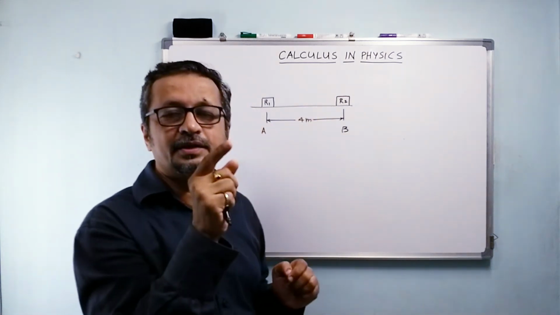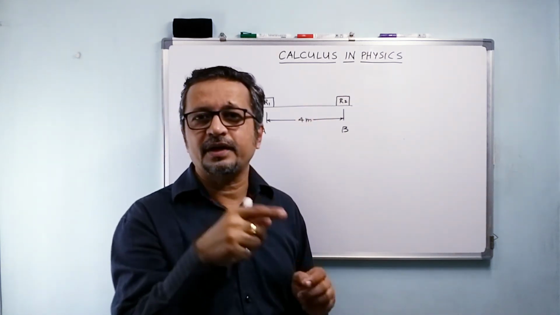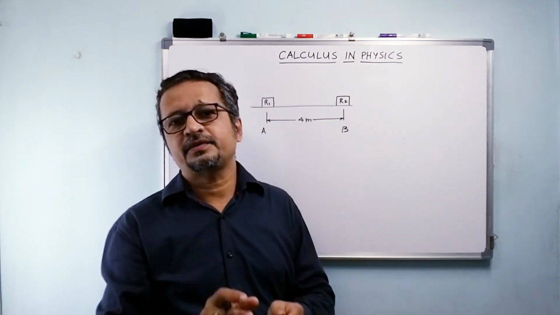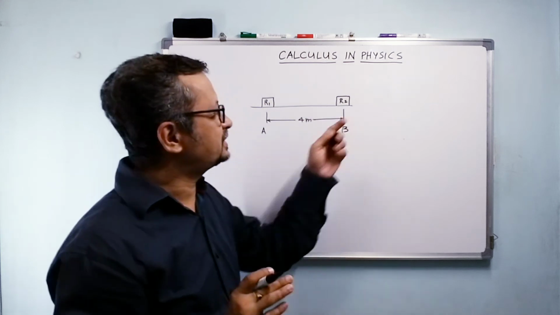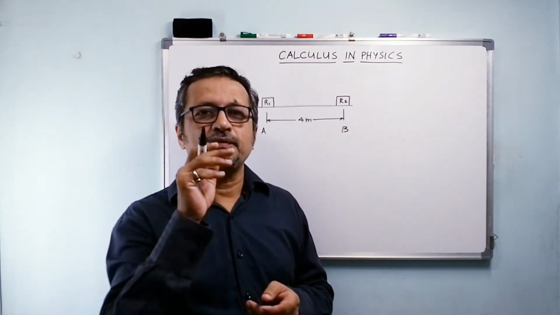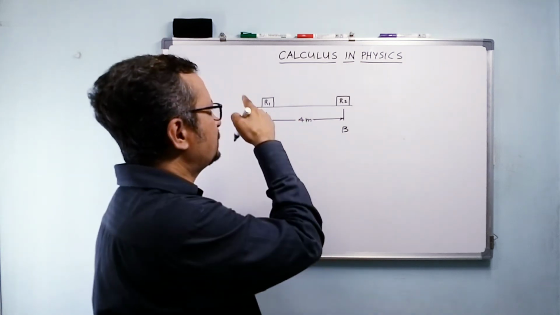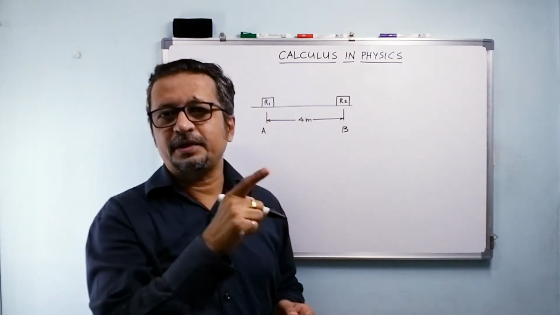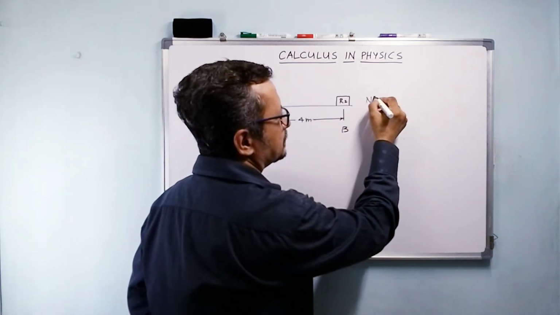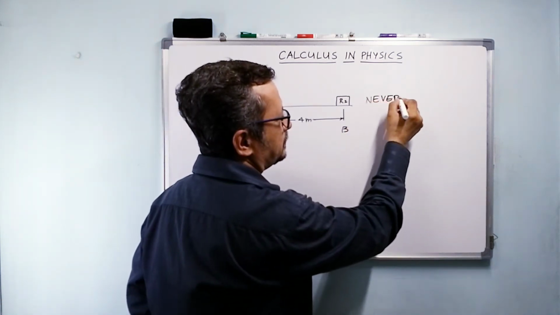Now it is 1 meter. In the third, he will jump half, and so on. So every second, he jumps half the remaining distance towards the second rabbit, R2. Now, when will my rabbit R1 reach rabbit R2? The answer is never.